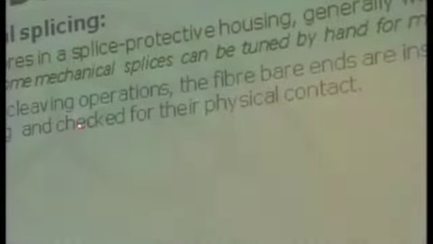Again, we need to strip and cleave the fiber, and the bare fiber ends are inserted in mechanical housing and checked for their physical contact. For mechanical splice, the proof test is generally not a part of installation because the mechanical structure is a more sophisticated and more strong protection given to the fiber.